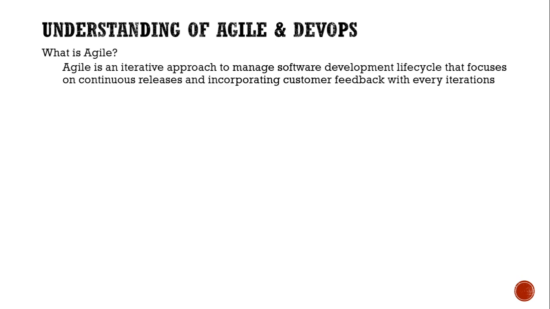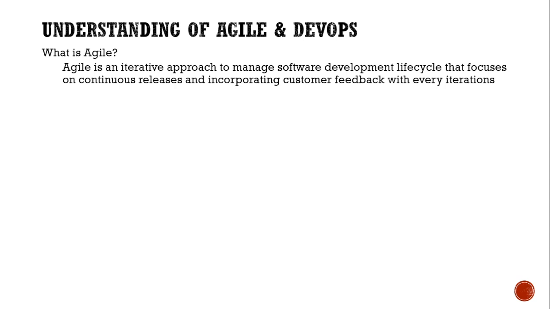Okay, so we are not looking into the waterfall model, since most companies are not using it. Maybe I can go with the agile methodology. So agile methodology is nothing but an iterative approach to manage the software development life cycle, that focuses only on continuous releases and incorporating customer feedback with each and every iteration.